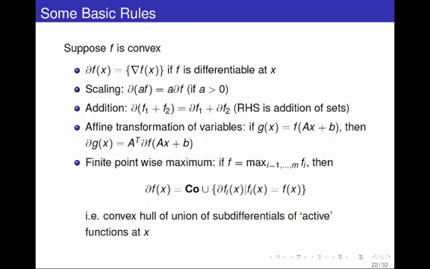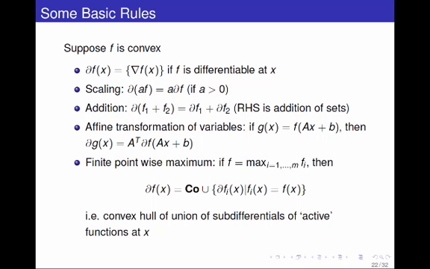This one will be useful, and we'll see this also in our example, the stochastic one. Suppose I take a function which is the max of a bunch of other functions. In our case, we had a function which was the min of a bunch of other functions, but it's the same idea geometrically.